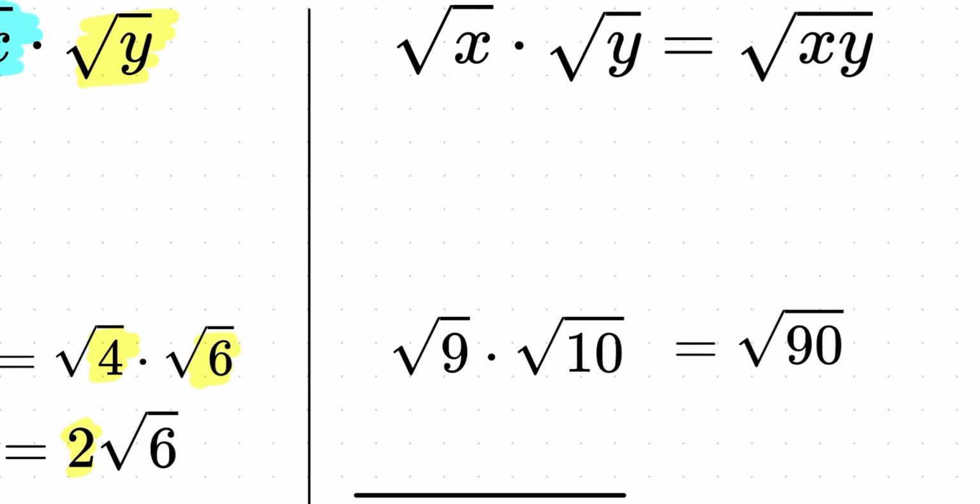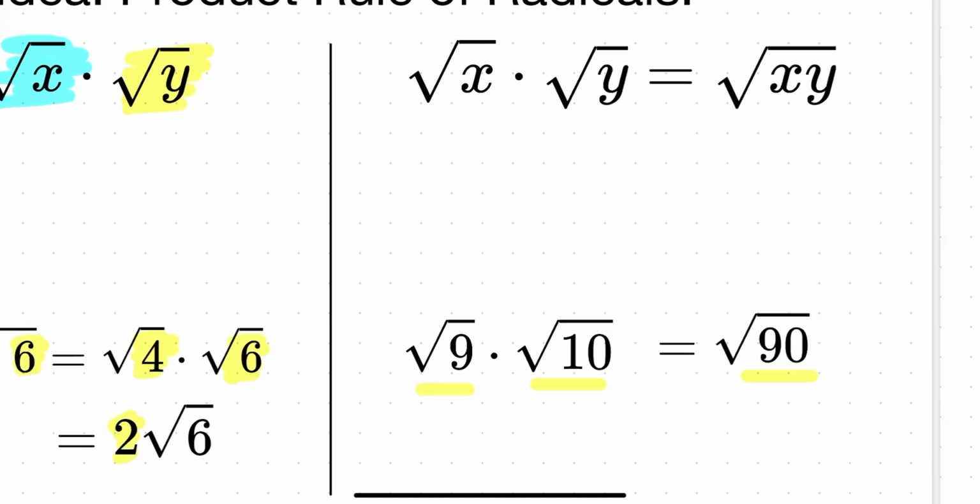So for instance, if I've got the square root of 9 times the square root of 10, I can multiply those together under the same radical and call that the square root of 90 instead. There's a couple of applications of where we might do this. We might want to do this when we're finding area of a rectangle, for instance, multiplying length times width. Also, it allows us to multiply numbers that are irrational to see if maybe there is a rational number that can come out of it.